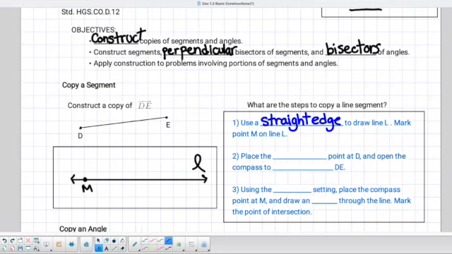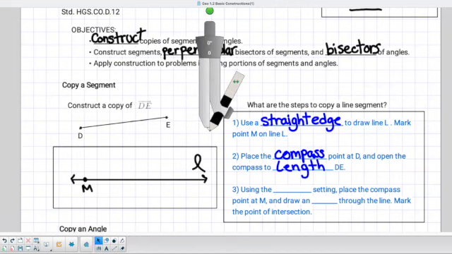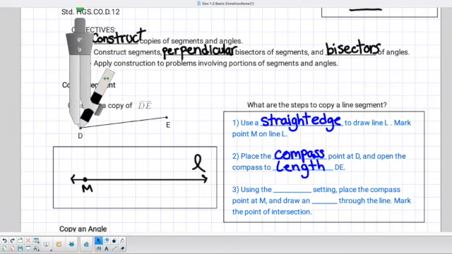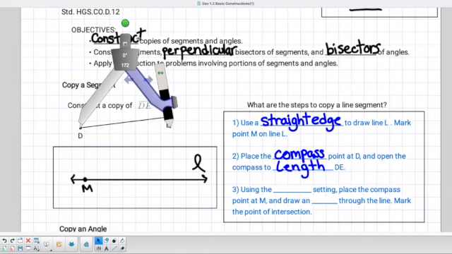Place the compass point at D and open the compass to length DE. So again, the directions say to place the compass at point D, and we are going to open it up to length DE.